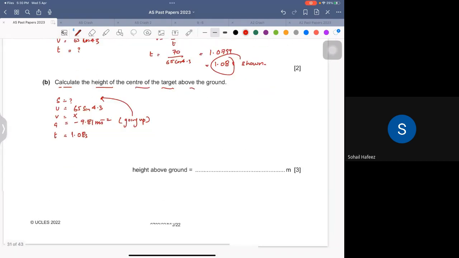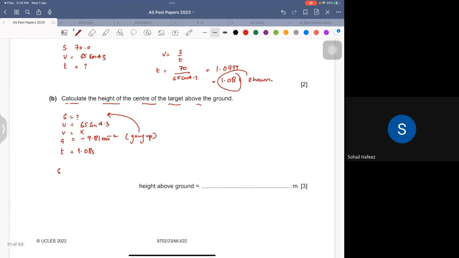Then I'm going to use s equals ut plus half at squared, because that would be the easiest as I do not have final velocity. The initial velocity is 65 sine of 4.3. The time is 1.08 plus half times minus 9.81, and then 1.08 whole squared.